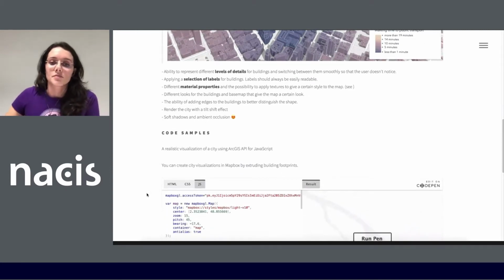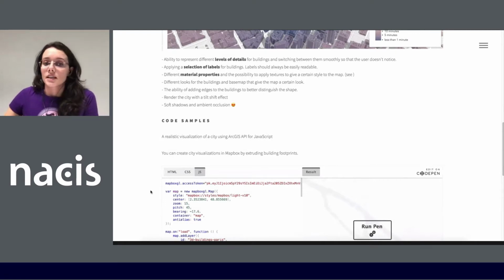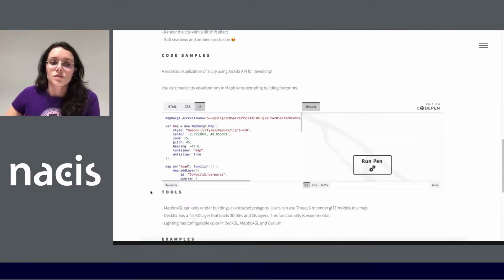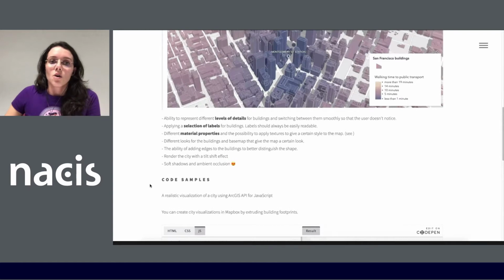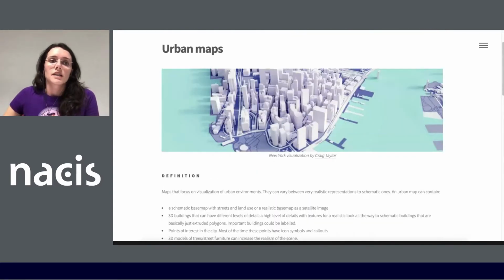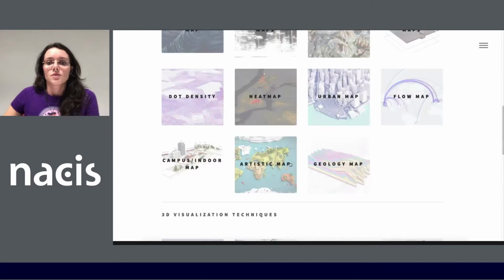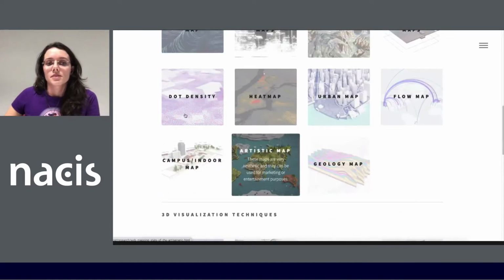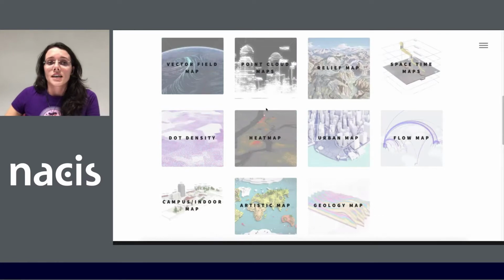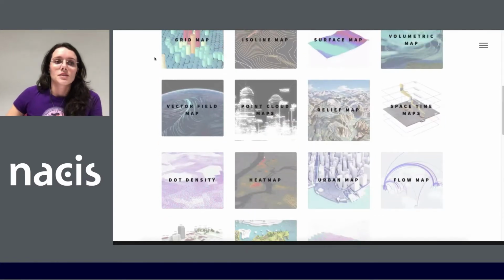I don't really have them here yet. I plan to add all sorts of APIs and tools just to see what is actually out there. This is mainly my goal. Today I'm going to be talking to you about urban maps and artistic maps. I would love to tackle all these topics, but the time is too limited.